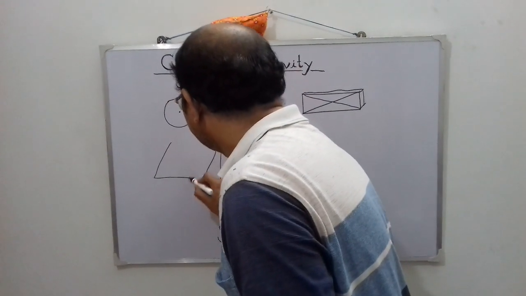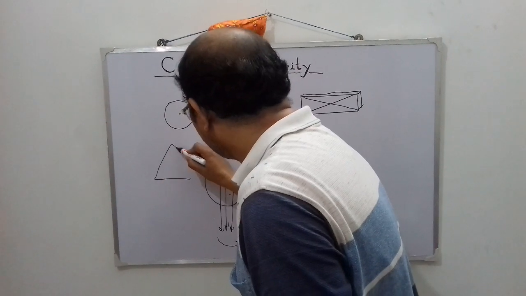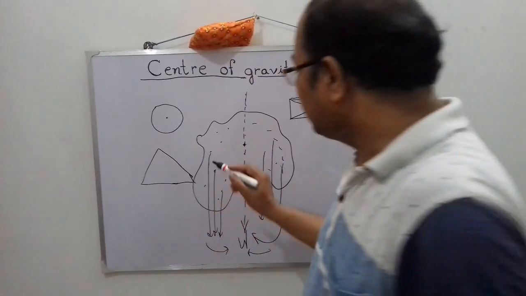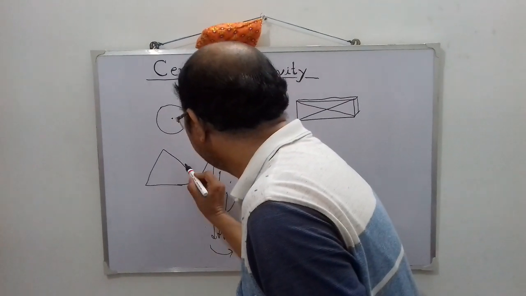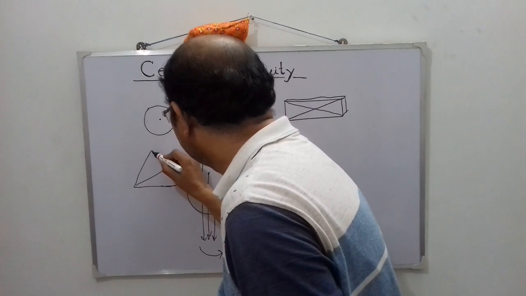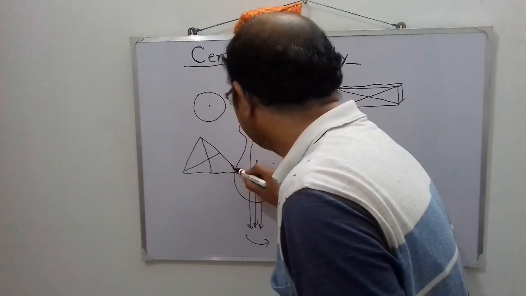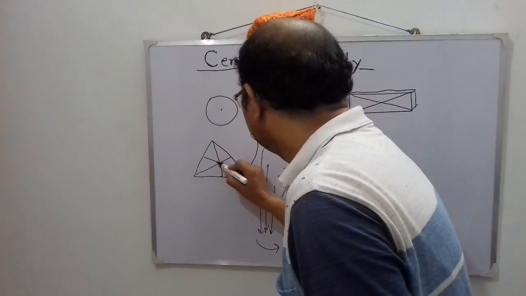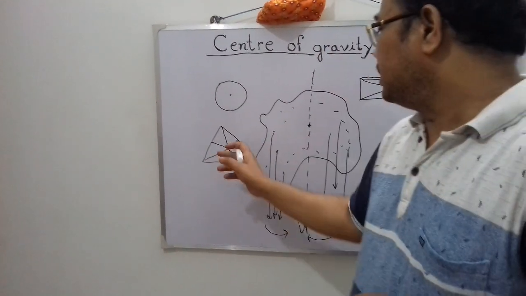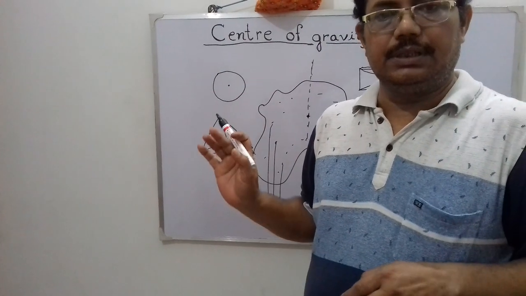Now this is a scalene triangle. For the scalene triangle, we have to draw the medians. This is the midpoint; join the vertex and the midpoint. The intersecting point of the three medians is the center of gravity.